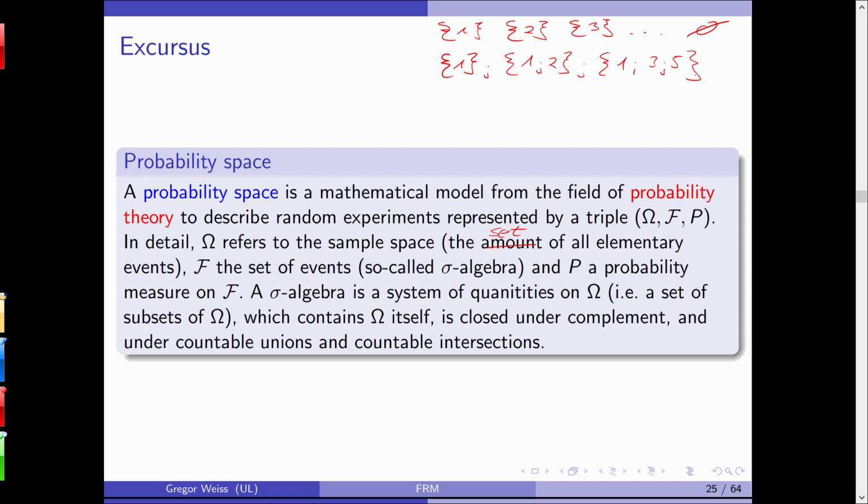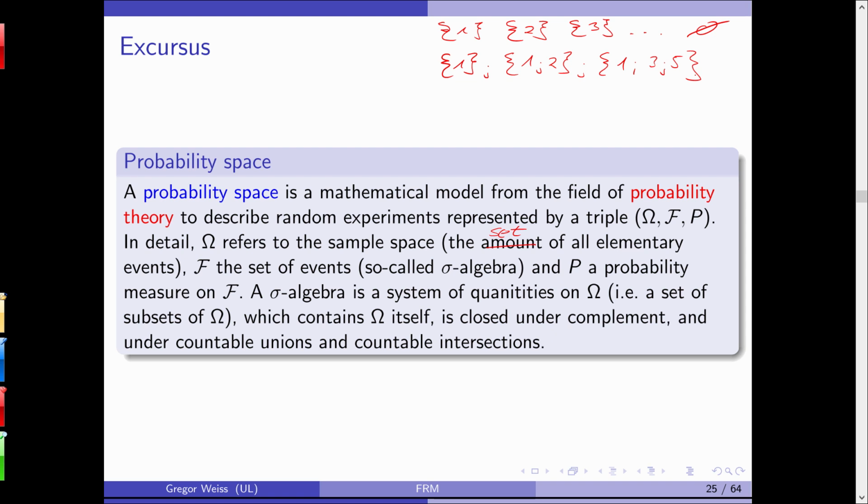And if you now define certain operations on this set of events, then you get a so-called sigma algebra. In fact, a sigma algebra means that it's closed under the building of the complement and under countable unions and countable intersections. I'm not pretty sure whether these are the most accurate English translations.